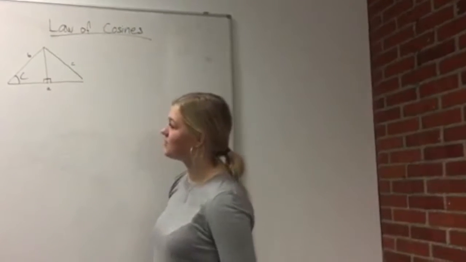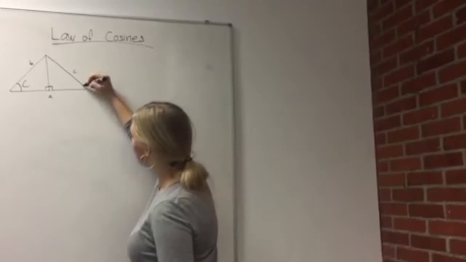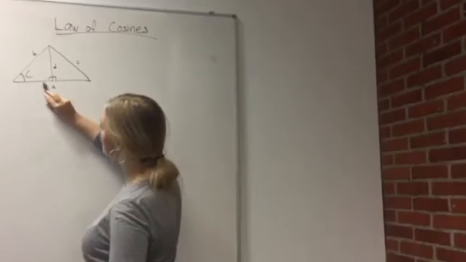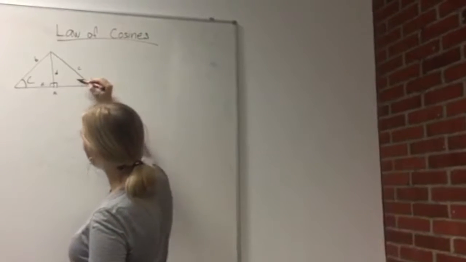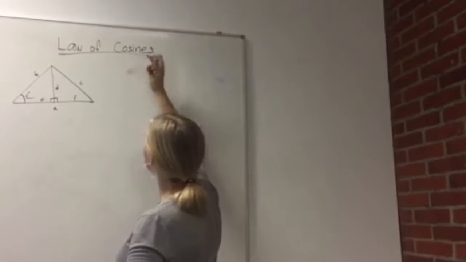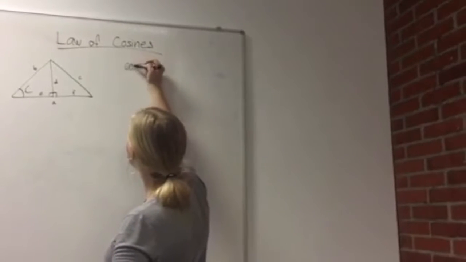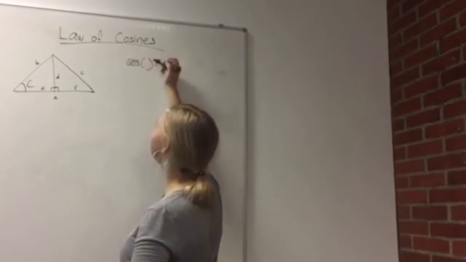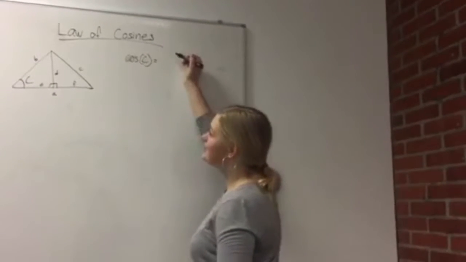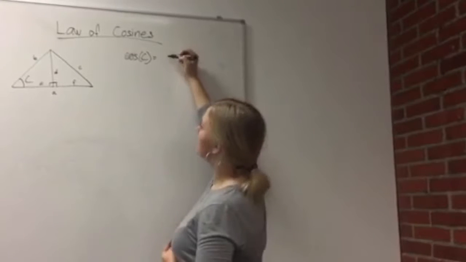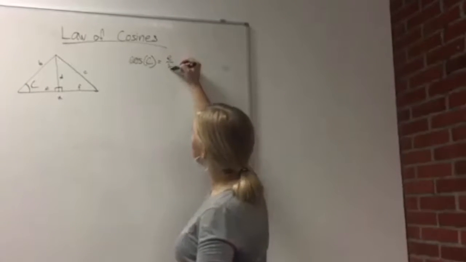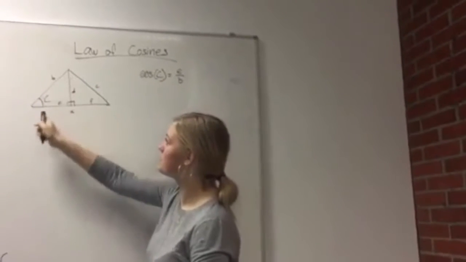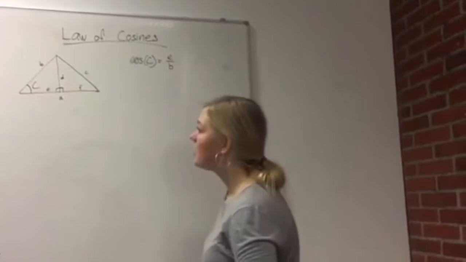Okay, so let's call this one D, and then this one we'll call E, and this one we'll call F. We know that cosine of C, big C, that's important, big C, is equal to E over B. So this one and this one, just looking at this little triangle here.